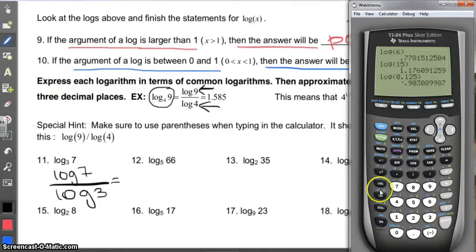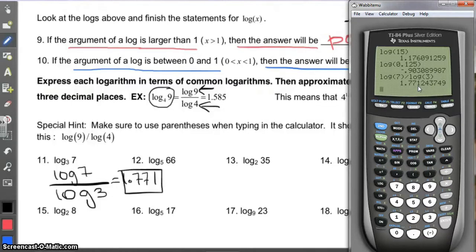You put log 7 and close parentheses over log 3 and you close parentheses. You press enter and there you go. That would be your answer. So the answer for this one is 1.77. But they want 3 decimal places, so 1.771, and that's going to be the answer.